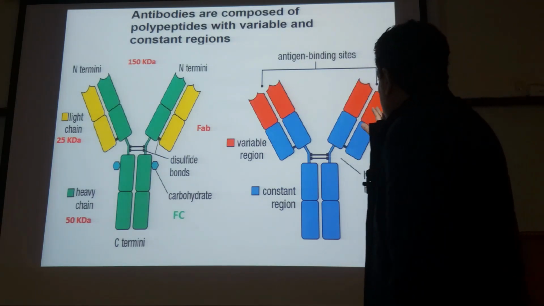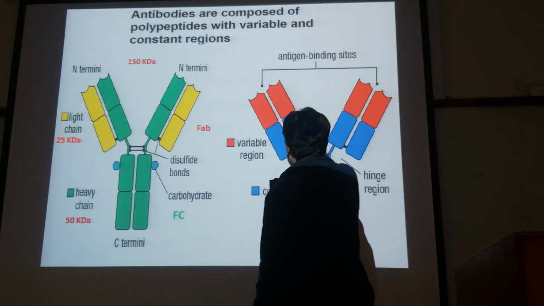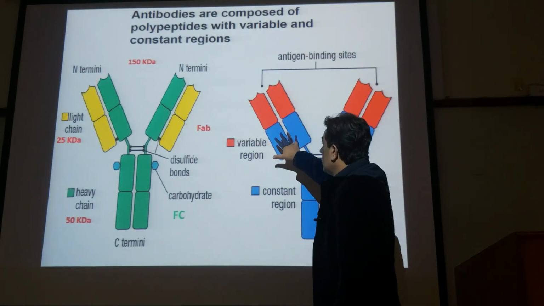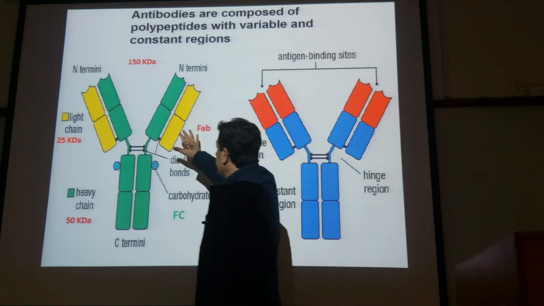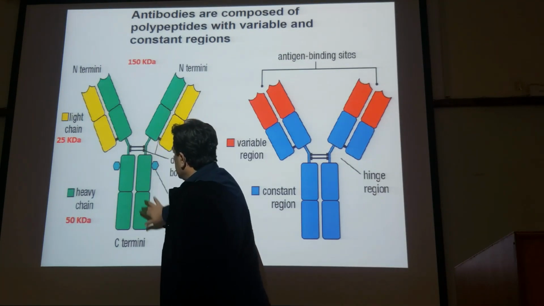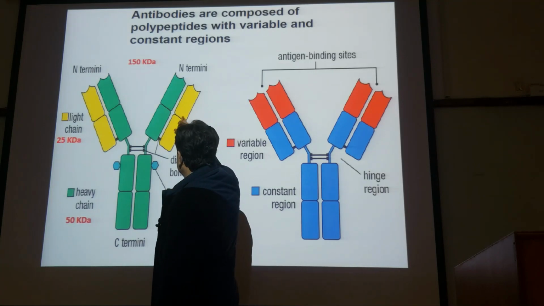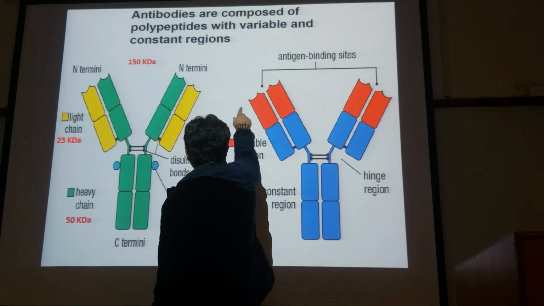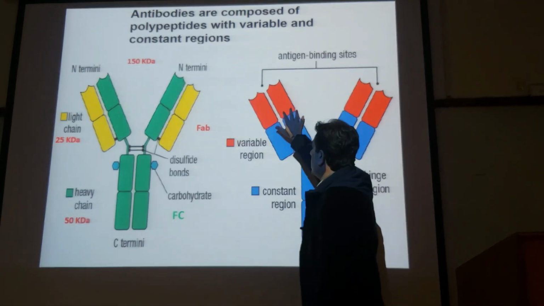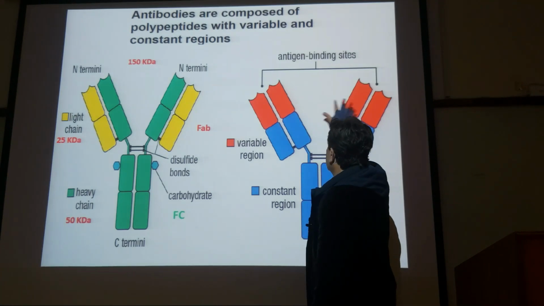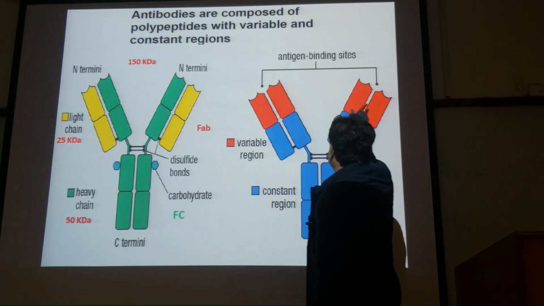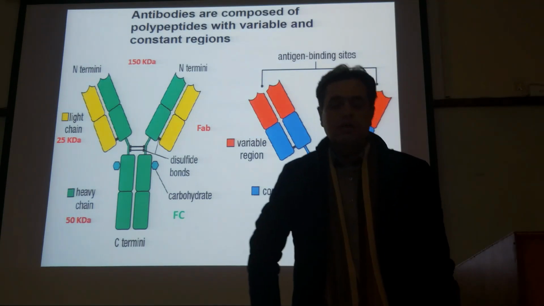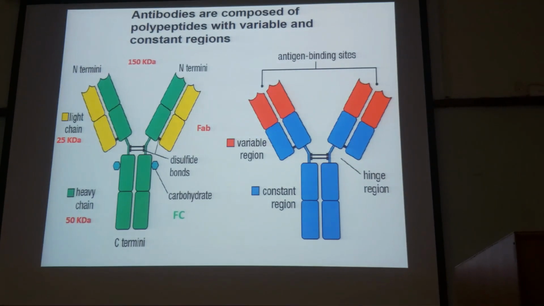This antigen binding site is in the variable region of these peptides. If you look here, this is the heavy chain, the green one, and this is the light chain. The topmost portion in both the heavy and light chains is the variable region.